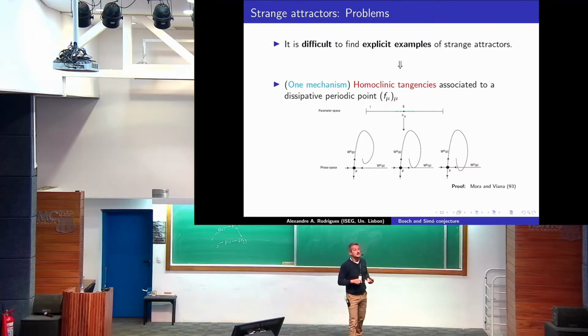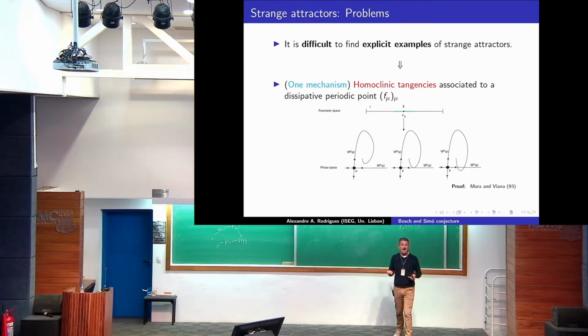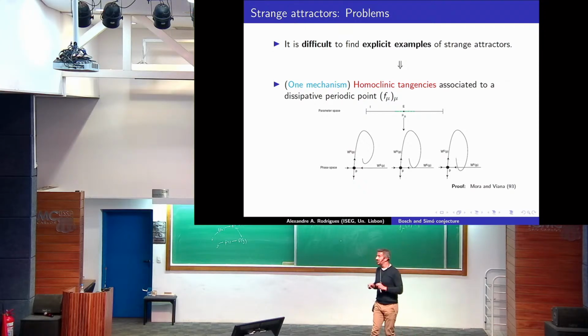And I'm going to assume that this mu belongs to a given interval and there exists a fixed point for f mu. A fixed point is a periodic point. I'm going to assume that this point is hyperbolic and the derivative of the Jacobian has two eigenvalues, one with modulus greater than 1 and the other with modulus less than 1.